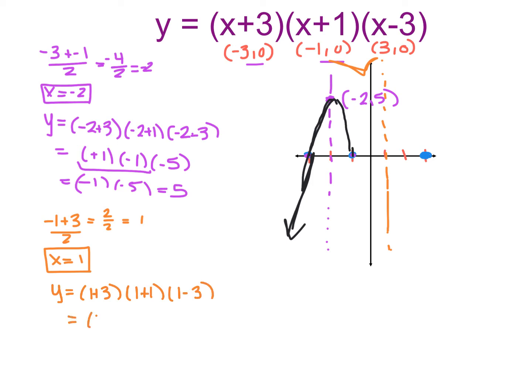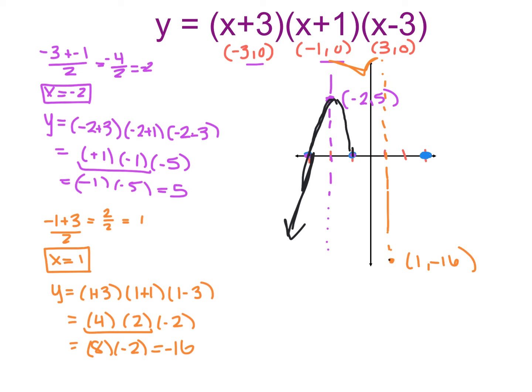So we end up with 4, 2, and negative 2. Well, if we multiply the first two, that's 8 times negative 2. That's negative 16. So I can estimate that down here, when x is 1, y is negative 16.